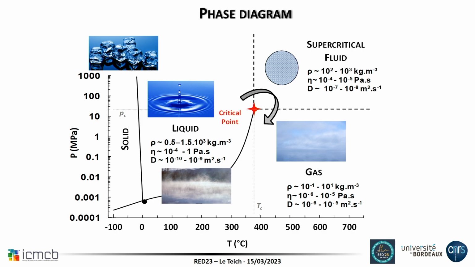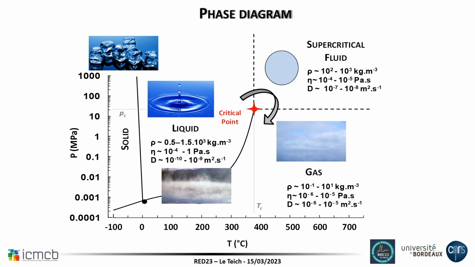It's basically a point above which, in terms of pressure and temperature, you don't have any separation between gas and liquid. It's a homogeneous phase with properties, as you can see here, intermediate between those of liquid and those of gas. Density is liquid-like, so it can be used as a solvent to run chemistry.